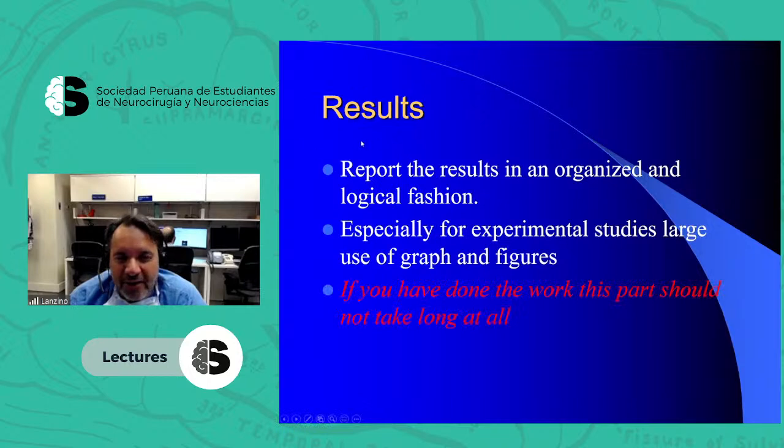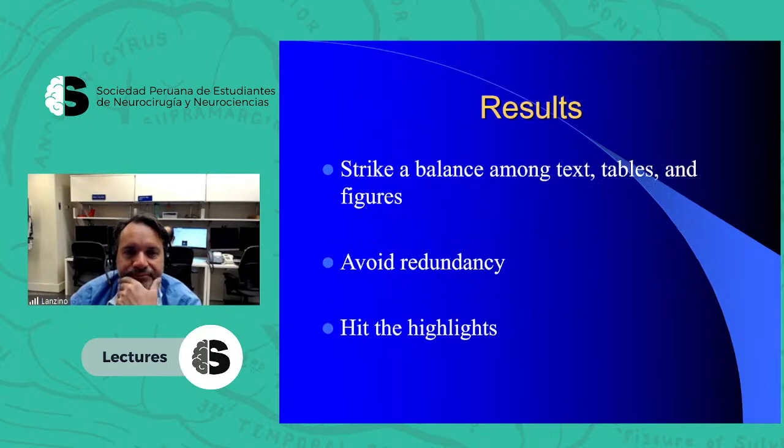Now, like the materials and methods, the results part, if you really have done the work, should not take long at all to write.